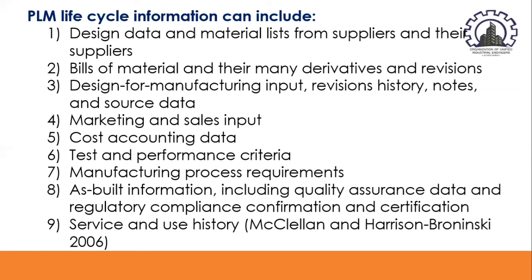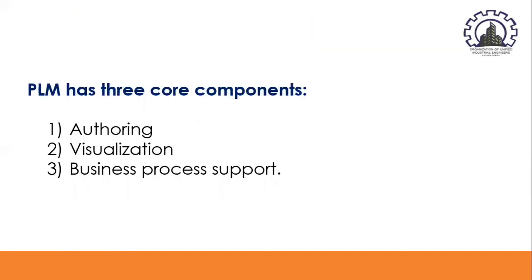So PLM has three core components. We have authoring, visualization, and business process support. So what's the difference between the three? If we say authoring, it includes the mechanical, electrical, and software design aspects. On the other hand, visualization lets users collaborate across a wide range of participants on a real-time basis.